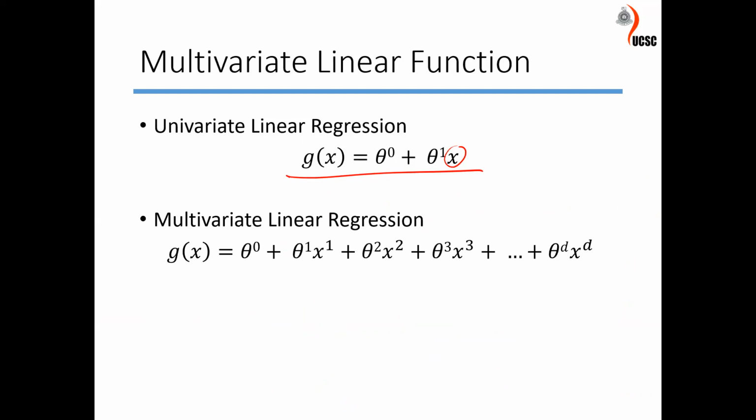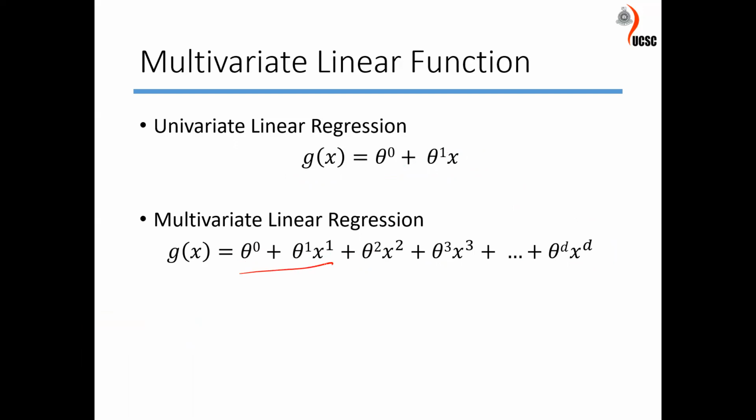If we have a number of dimensions, we should come up with a number of parameters as well, theta parameters. So here it's kind of the same, but more complex because of the additional dimensions.